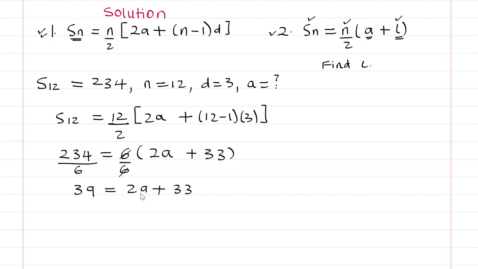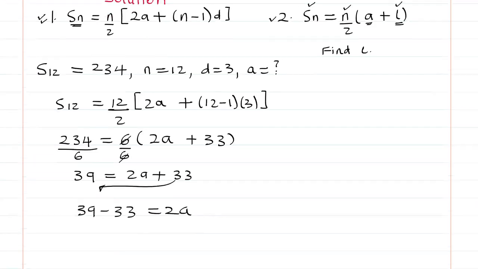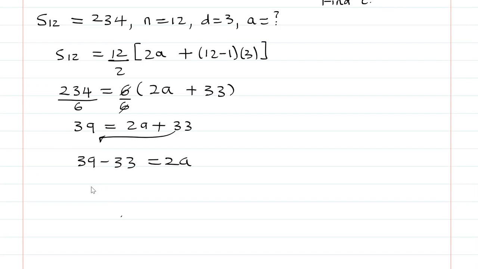Remember, we are looking for a. So we take this 33 to the other side of the equation, so that we have 39 minus 33 gives us 2a. What is 39 minus 33? That is 6. So we shall have 6 being equal to 2a. And then we divide both sides by 2. 6 divided by 2, we get 3.